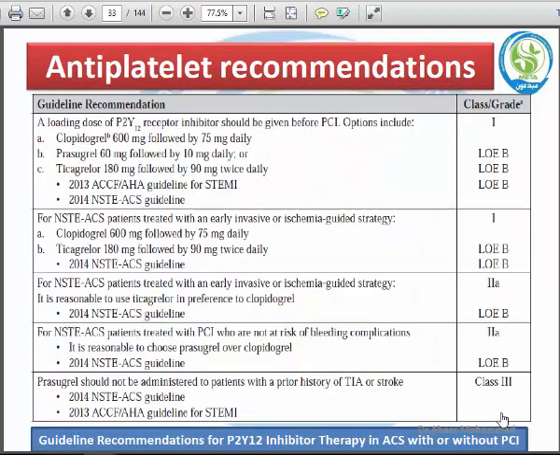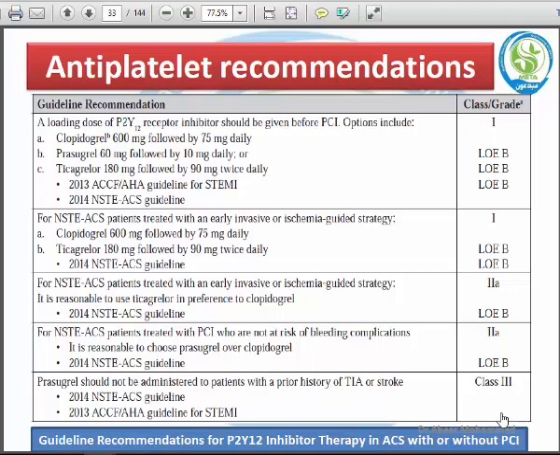This is the guidelines, the American Heart Association guidelines for the recommendation for antiplatelets. Loading dose of P2Y12 inhibitors should be given before PCI or at admission لما يجي العيان emergency. Clopidogrel loading dose is 600. Prasugrel loading dose 60 milligram.